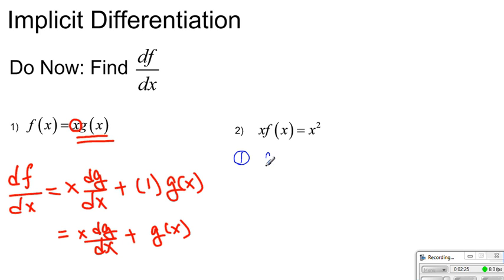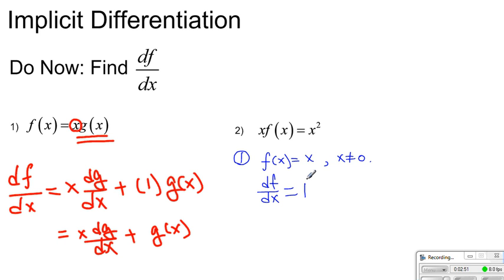Then we will end up getting f of x simply equal to x, given that x is not equal to 0. That's the first method. Then we get the answer rather quickly. Here df over dx now becomes 1, using the power rule.